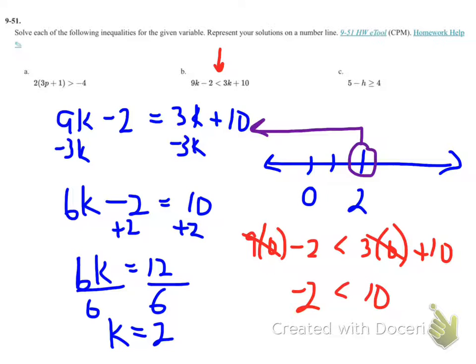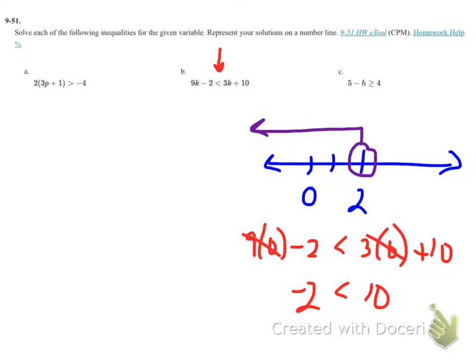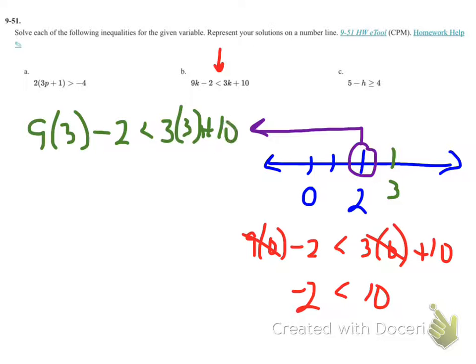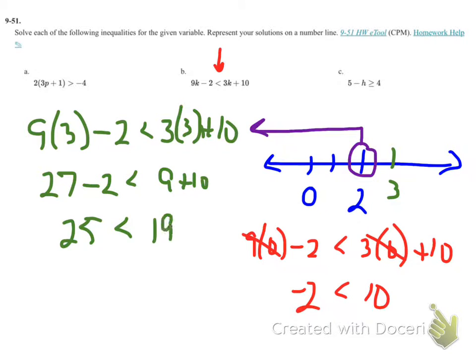If I tested another number, let's say I tested 3: 9 times 3 minus 2, is that less than 3 times 3 plus 10? I would have 27 minus 2 less than 9 plus 10, and I would have 25 is less than 19.